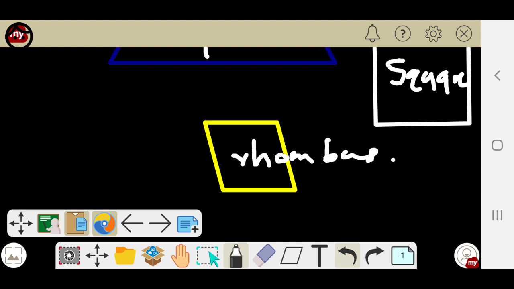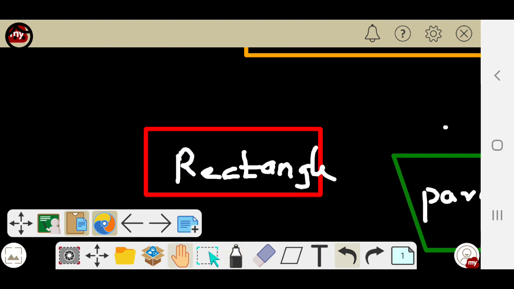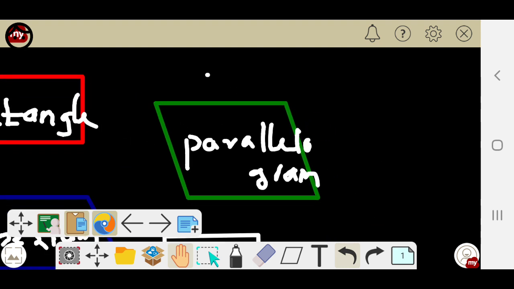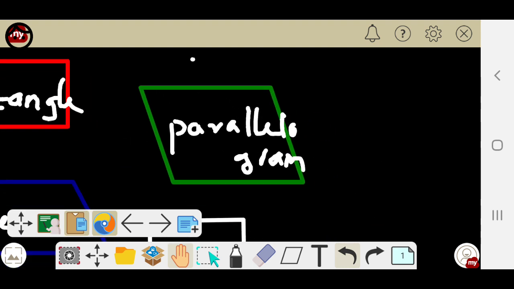This chapter mainly focuses on the concept of parallelogram. You know that a parallelogram has different properties that you've already learned in lower classes. All those properties we are going to study in the form of a theorem and its proof. Okay.